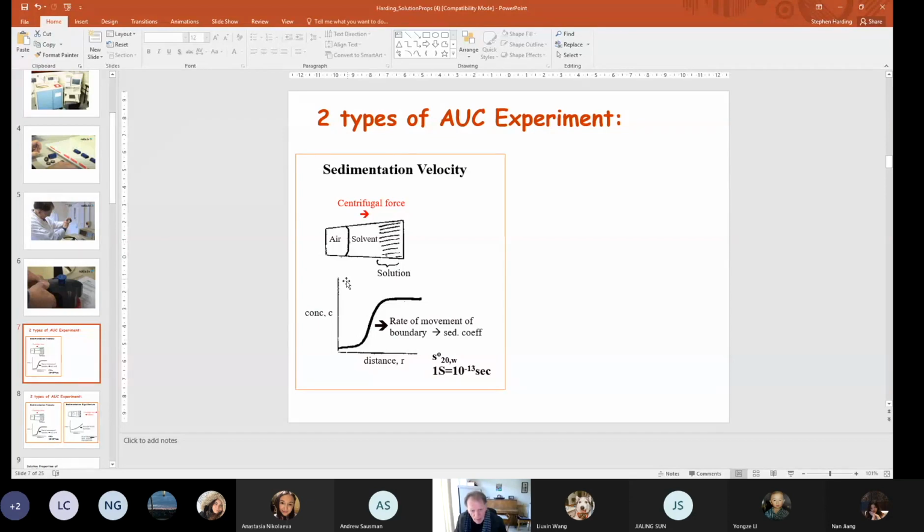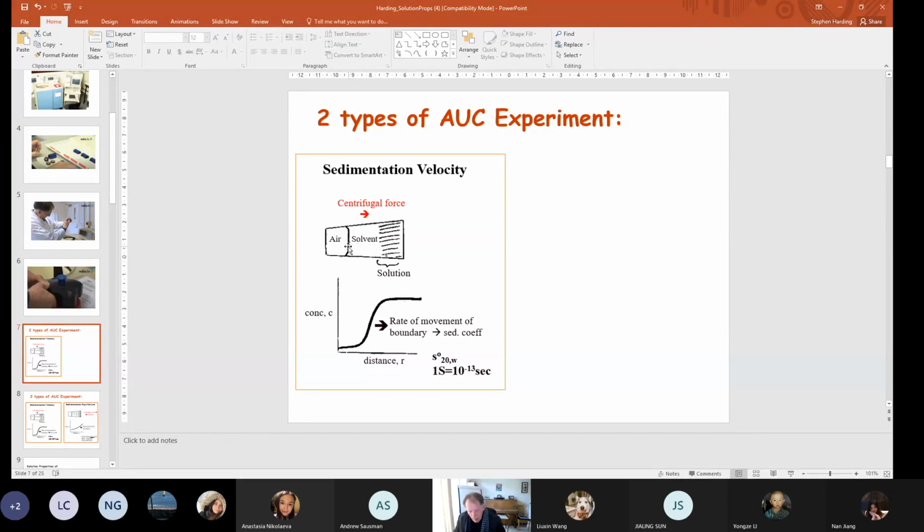After a period of time under the influence of a high centrifugal field, the protein sediments towards the outer radial part of the cell. It sediments outward until it reaches the bottom of the cell.